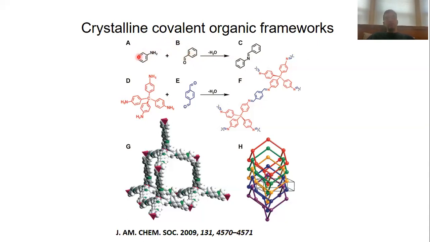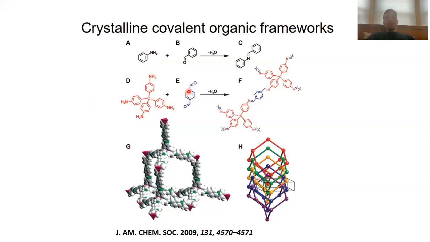Okay, so for instance, you can use a tetrahedral tetratopic building unit, such as this one here, where we have again a carbon in the center, 4 phenyl groups around, and 4 amine groups in the para positions at the phenylene rings.